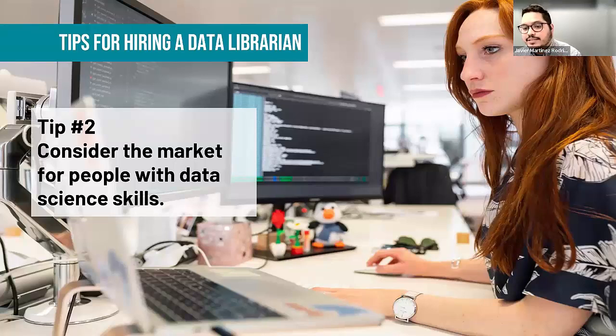So think about all the ways that you can compete, such as pay, but also benefits and other ways of attracting good candidates, like work from home arrangements, more control of their schedule. Make your budget for continuing education, provide time and financial support for your data librarians, especially if you are developing a data librarian right at home.